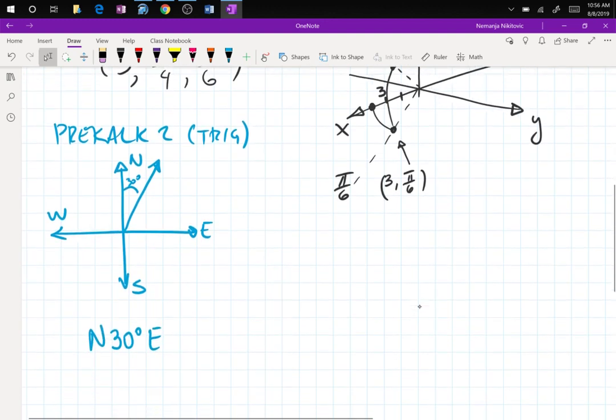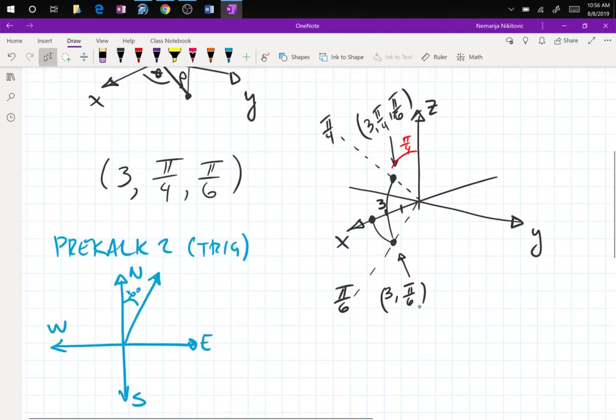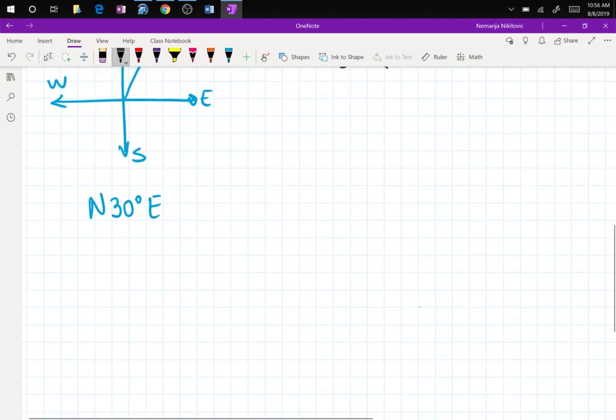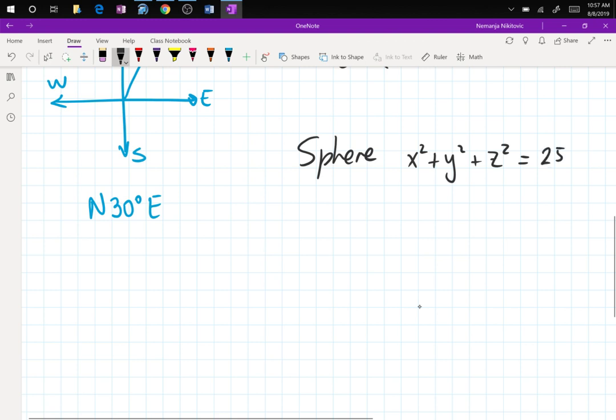Now, this coordinate system is excellent for us to work with shapes that contain a sphere, a ball, called spherical coordinates, obviously. If you're thinking about shapes, a sphere has the equation x squared plus y squared plus z squared equals, let's say, what's a good number squared? 25, all right?